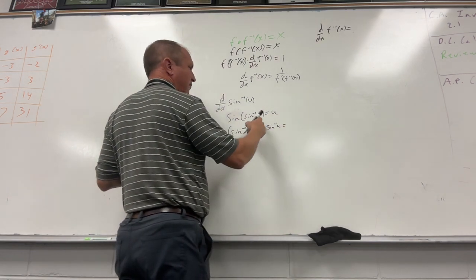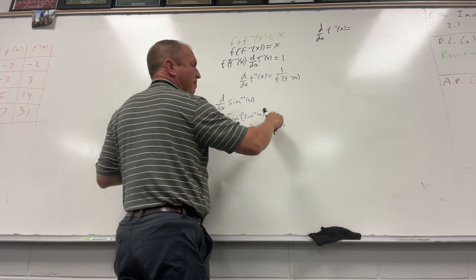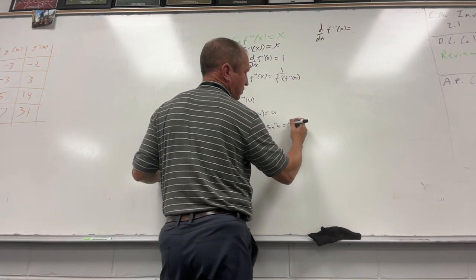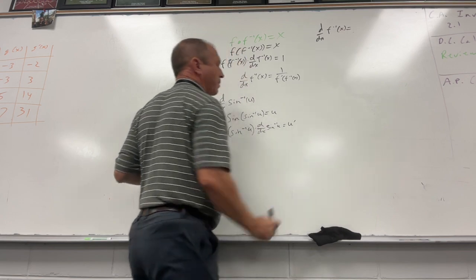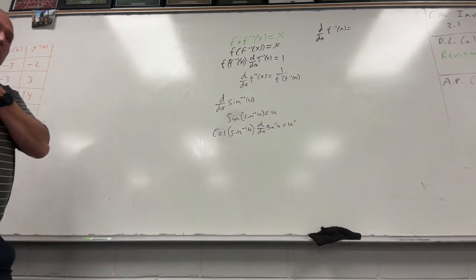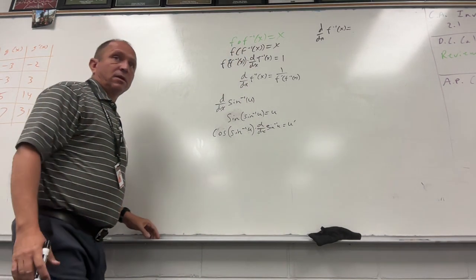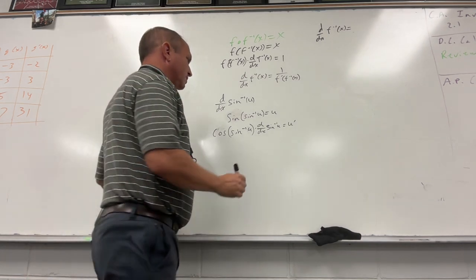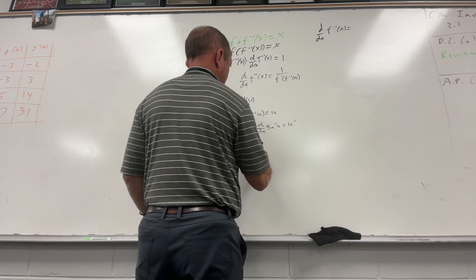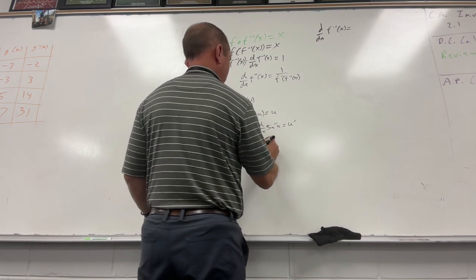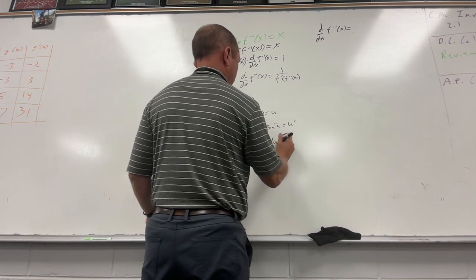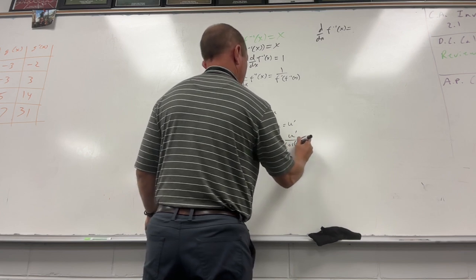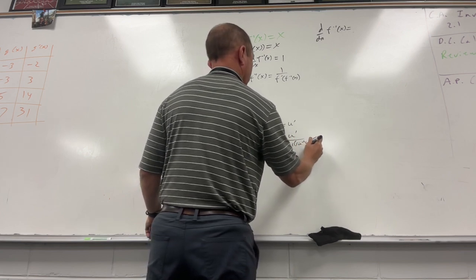Well, if it was x, we'd just say it was 1. But this is u, so we're going to say it's either du or u prime. I'm going to leave it as u prime because that's the notation we've looked at the majority of the time in here. So, the derivative of sine inverse of u is u prime over the cosine of the sine inverse of u.